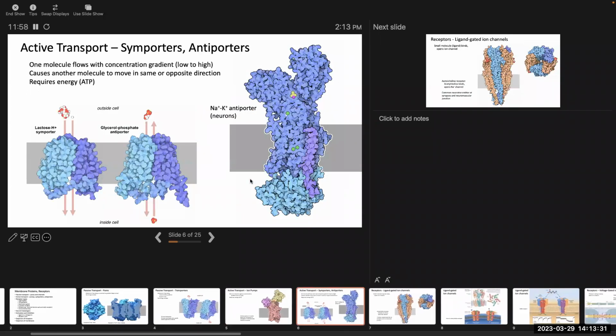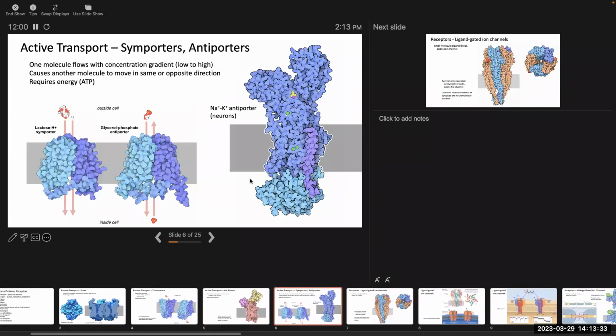In the case of symporters and antiporters, the molecule is moving two things at once. In the case of a symporter, the molecule actually has to move two molecules together simultaneously through the protein to the other side. So a symporter, sym meaning like symbiosis, meaning two things together. Two molecules have to move together through this protein.